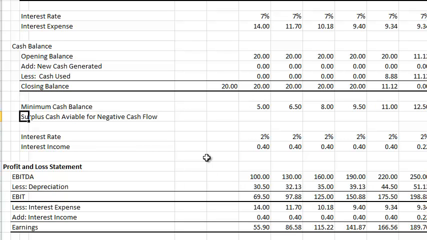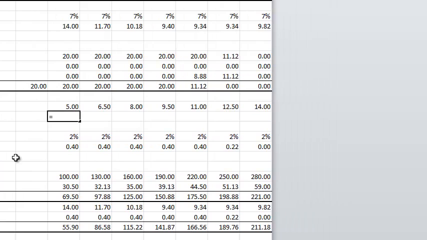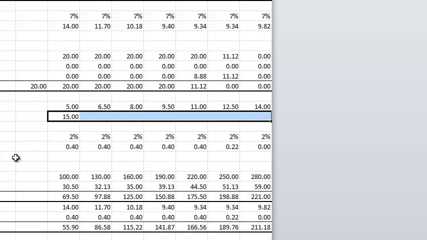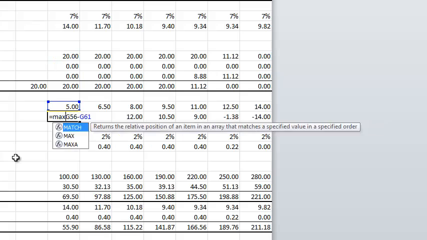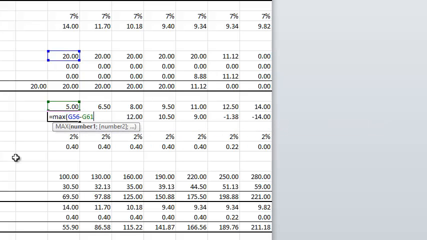You would never write it like this. I'm trying to write it so at least I can understand it. We take the opening balance, and this is the amount we could actually reduce the cash flow by. Now, we cannot have that be negative, so let's put a maximum of this, or 0.